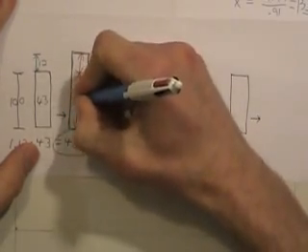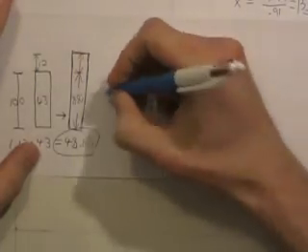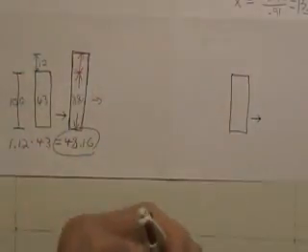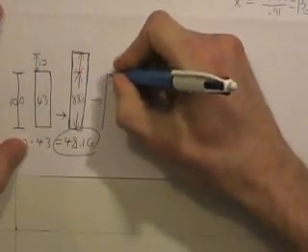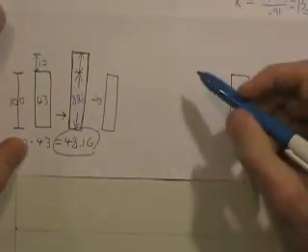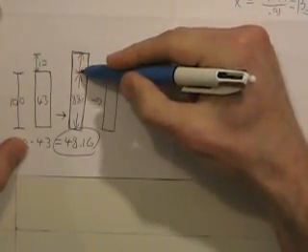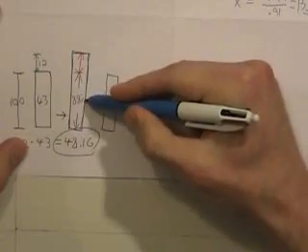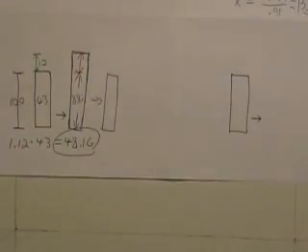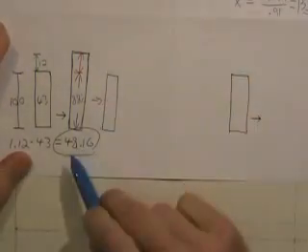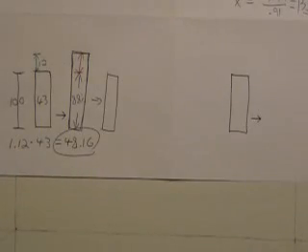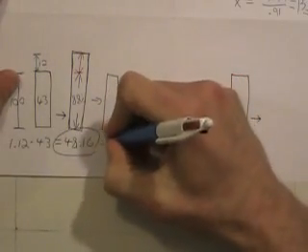So to take away 12% is really to multiply by 88%. And 88% of 48.16 is 42.38.